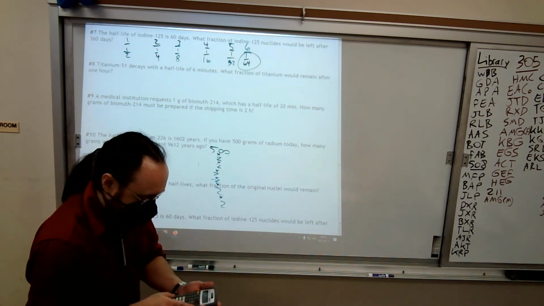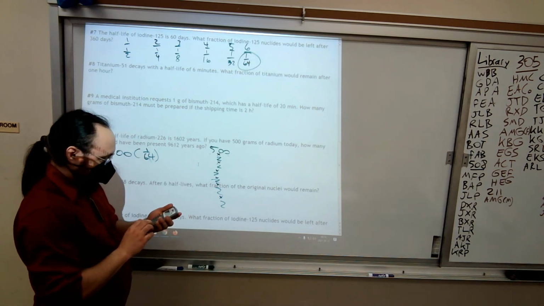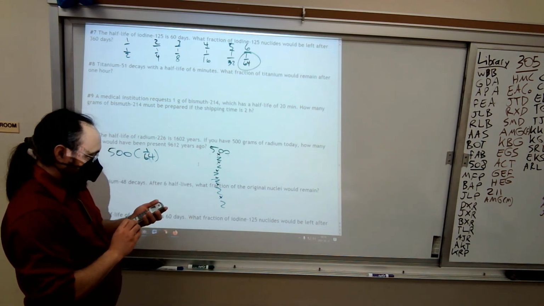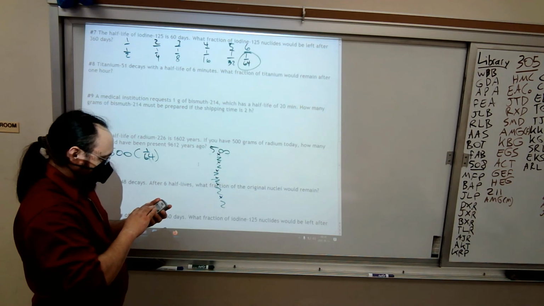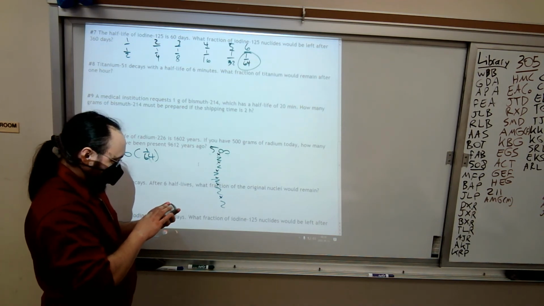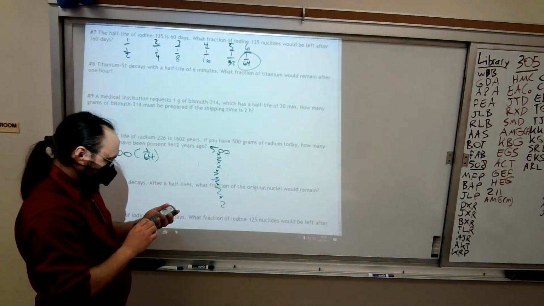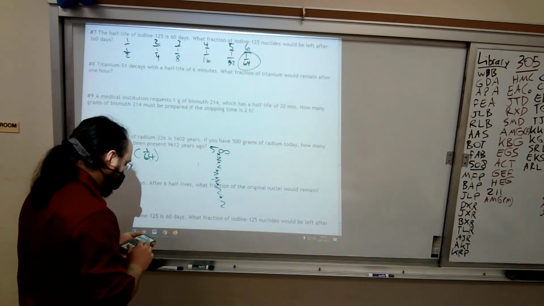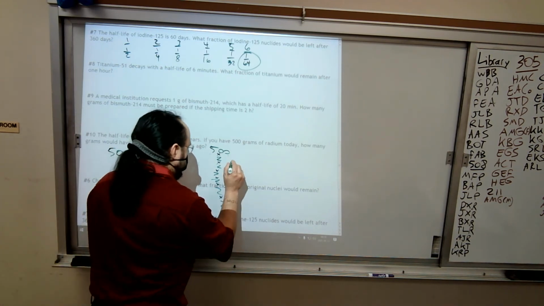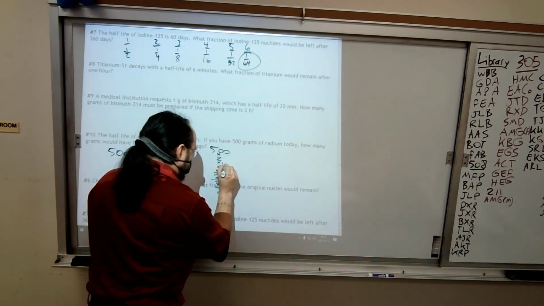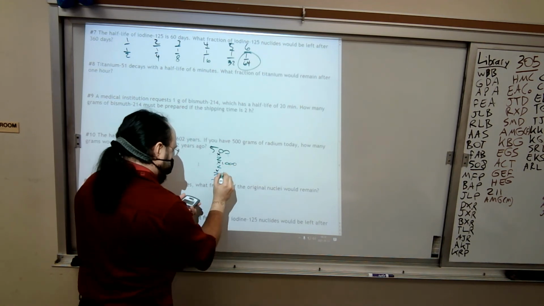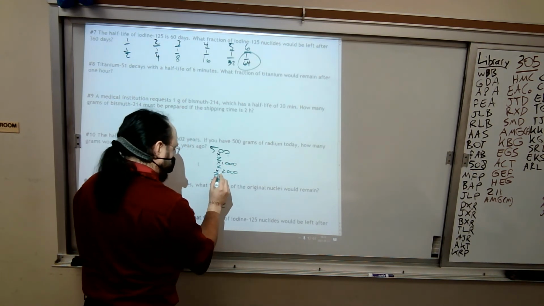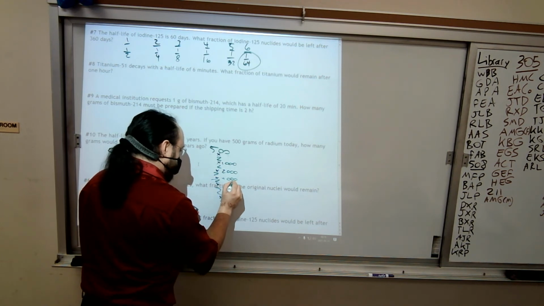I'll go ahead and do it, I guess. 500 times 2 is 1,000. Times 2 again is 2,000, times 2 again is 4,000.